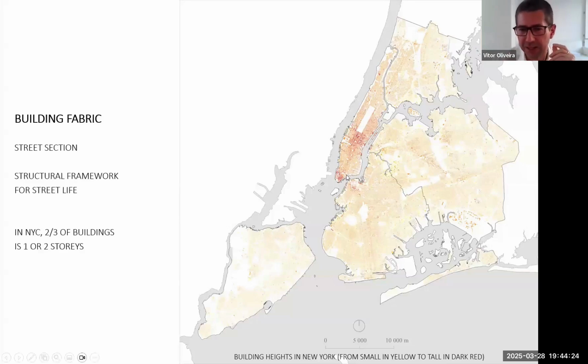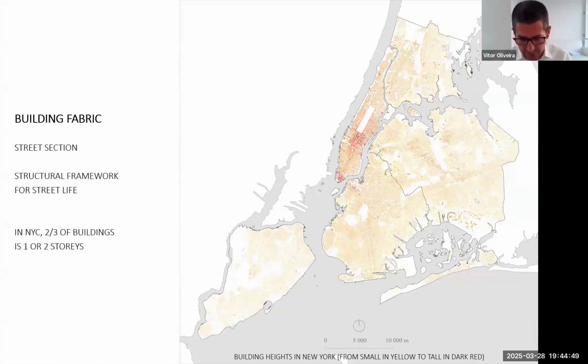The skyscrapers are concentrated here on the southern tip of Manhattan, and here south of Central Park. And of course, we see some other small areas, but one third of the buildings of New York are one or two stories.